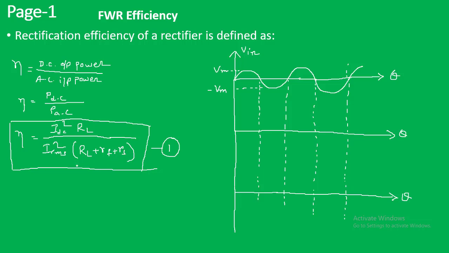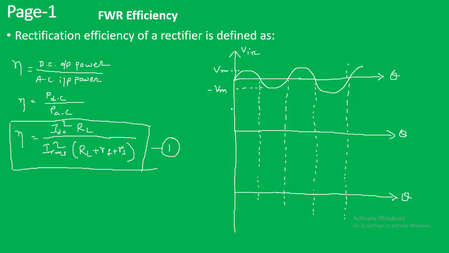So I_RMS squared into the sum of all the resistances will give us the input AC power. Now, the circuit diagram I have not drawn intentionally, because this is valid for the bridge rectifier as well as the center tap configuration.